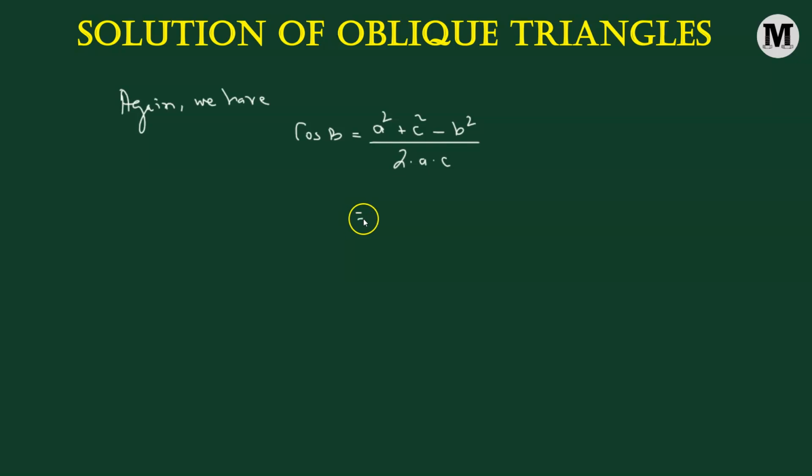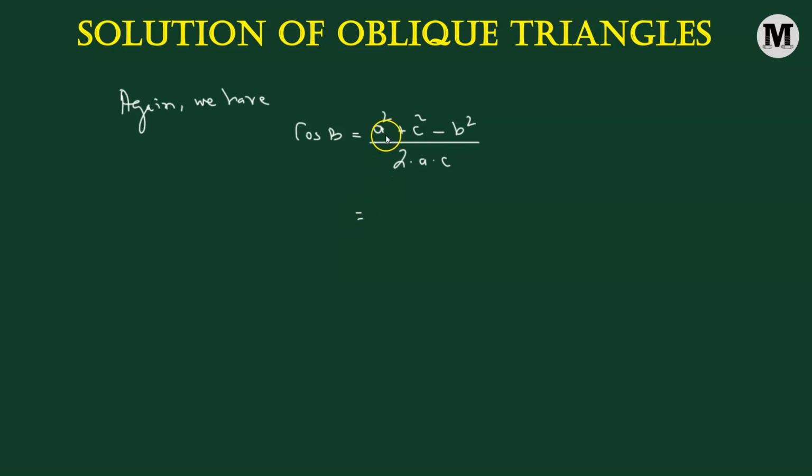Next we are going to take the help of the law of cosines again. We have the cosine of angle B, which is defined as a squared plus c squared minus b squared, whole divided by 2 times a times c. Let's plug our values here.